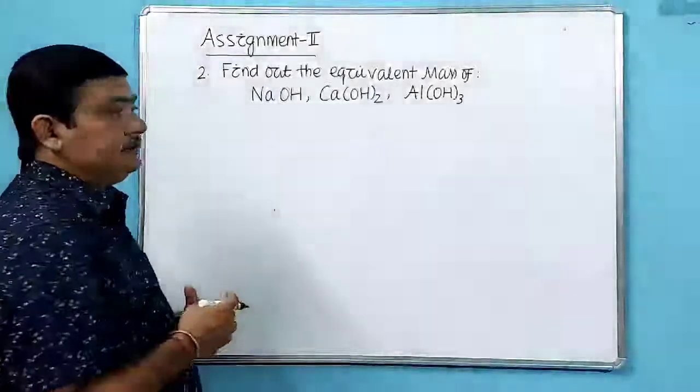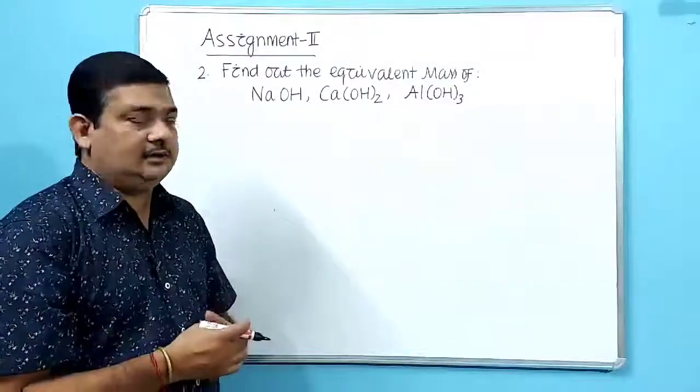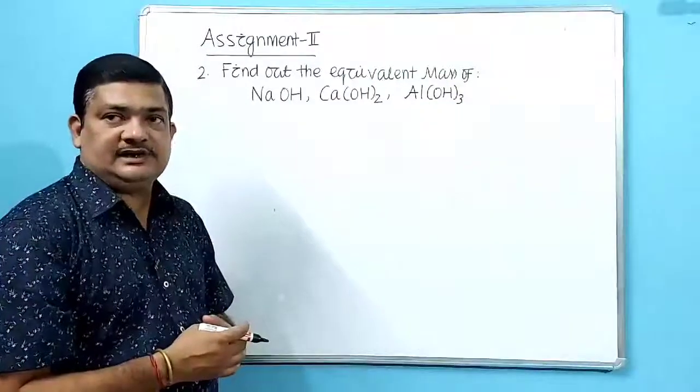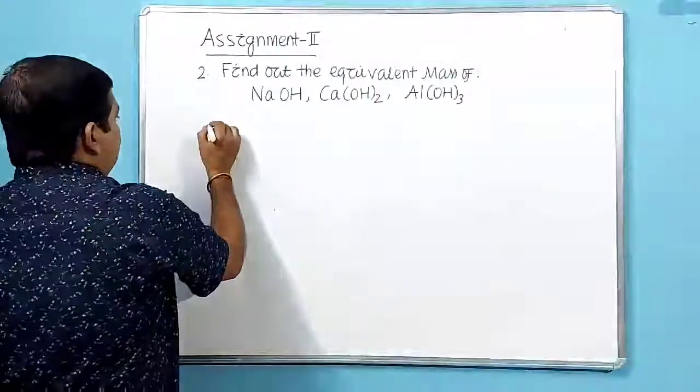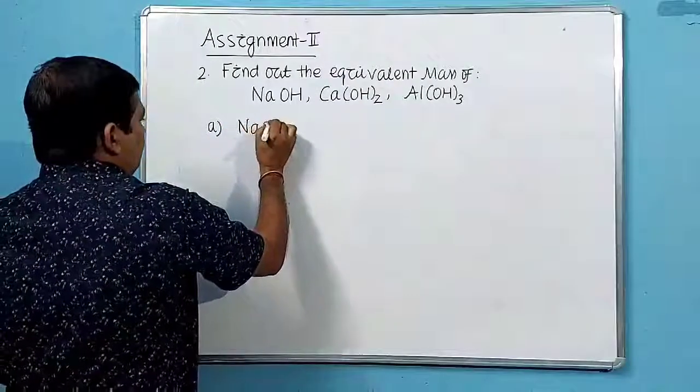What is the formula to find the equivalent mass of a base? Molecular mass divided by acidity. What is acidity? The number of replaceable hydroxyl ions present in a base. First, sodium hydroxide, NaOH.